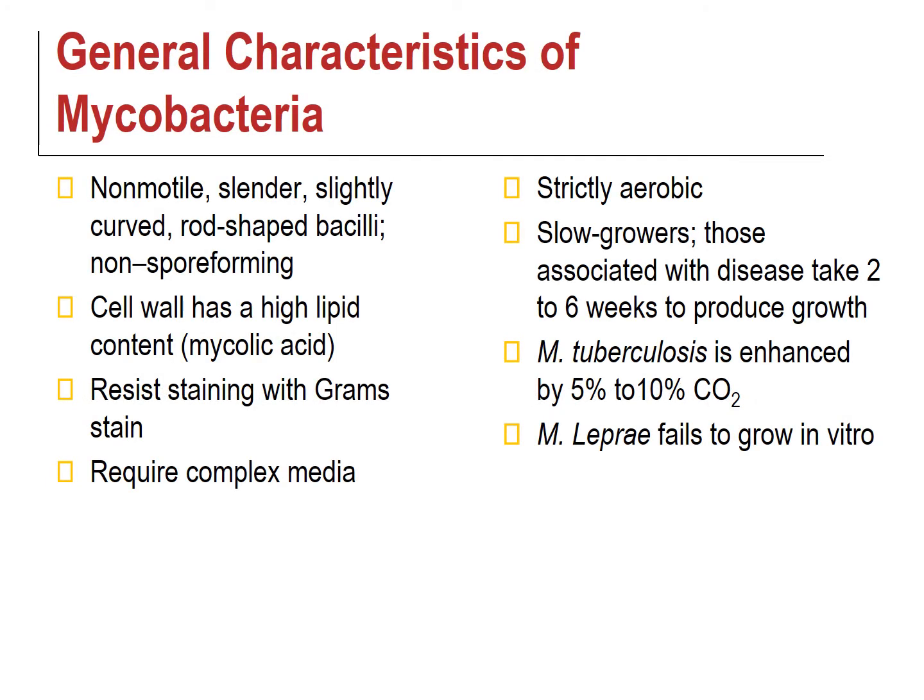So here are the general characteristics of Mycobacteria as a review. The genus Mycobacterium includes species that are non-motile, non-spore-forming, gram-positive bacilli. The cell wall of Mycobacterium species, as you recall, has high lipid content or mycolic acid, and therefore resists staining by the gram stain.